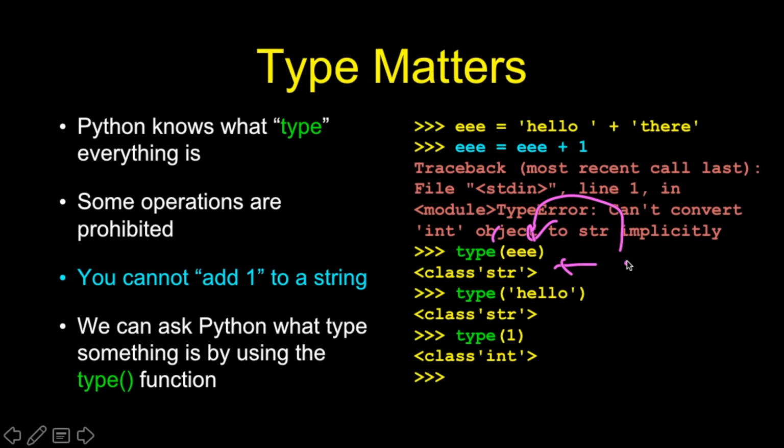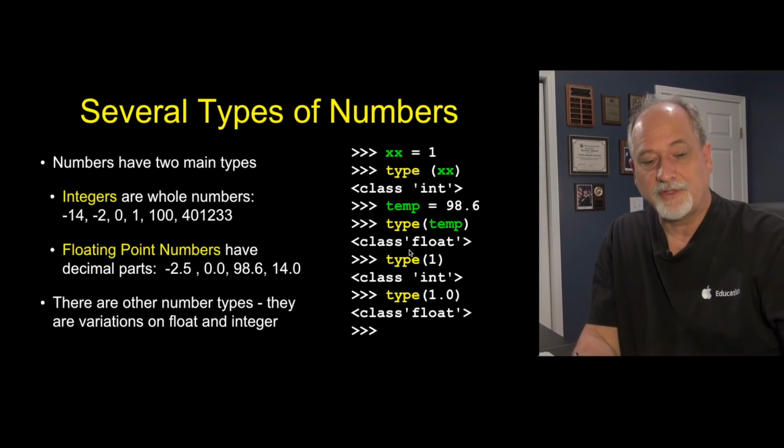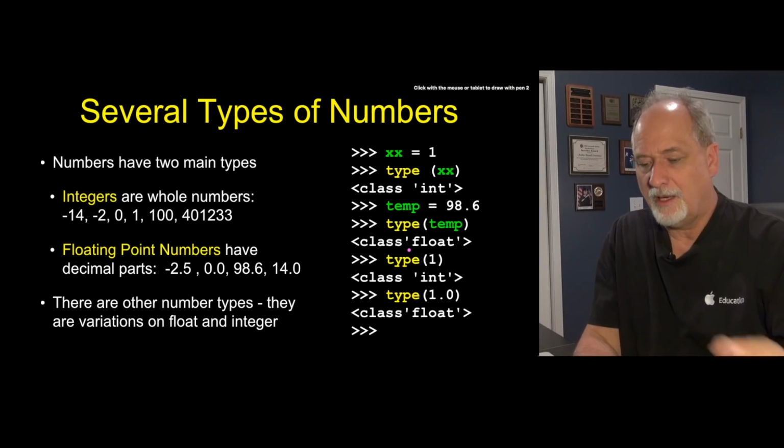And then we can pass in a constant and says, hey, what about hello? The string hello, it's like, oh, that's a string too. What about a 1? Well, that's an integer. And so we are asking Python through the type function what the type of either a variable or a constant is. And there are even several types of numbers, and we'll even see Booleans and others later.